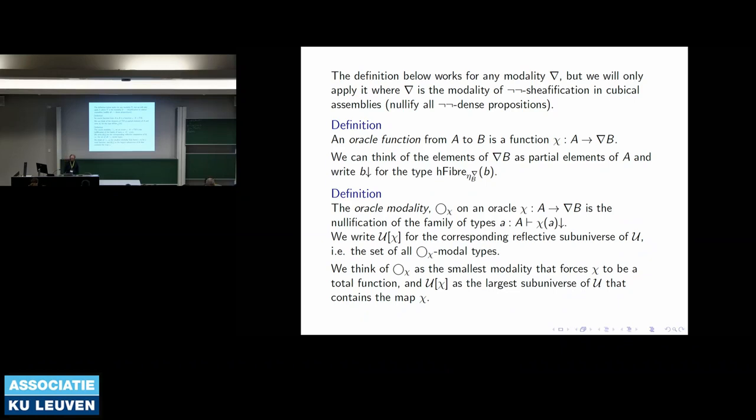The double negation dense propositions are the ones that we secretly know to be true if we cheat a bit and use classical logic, and nabla is the smallest modality which forces these to actually be true.